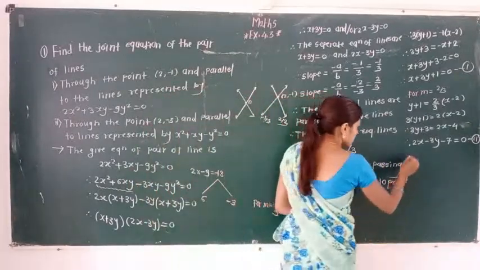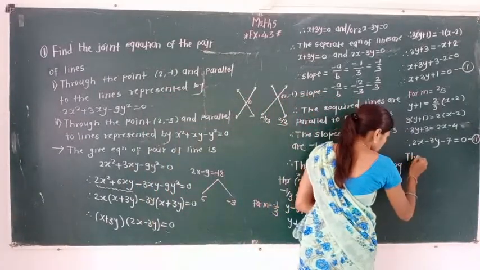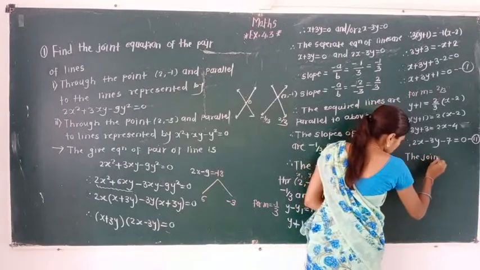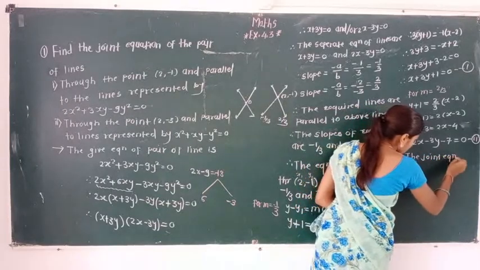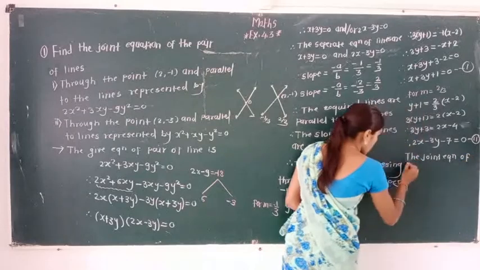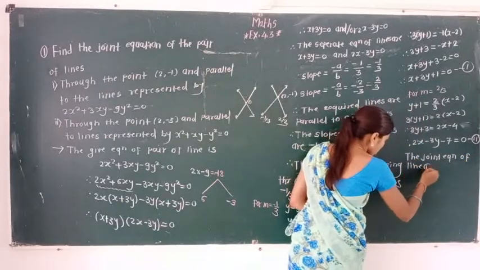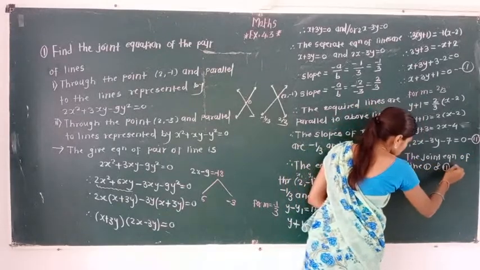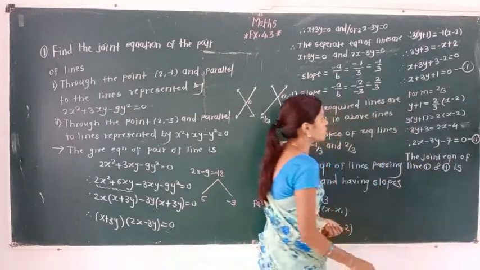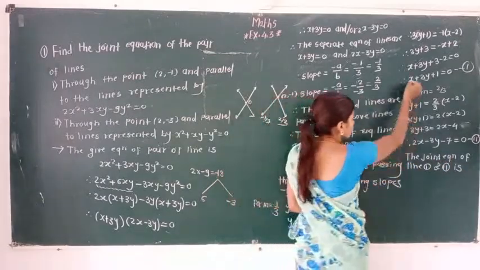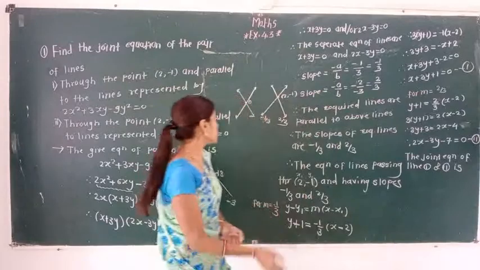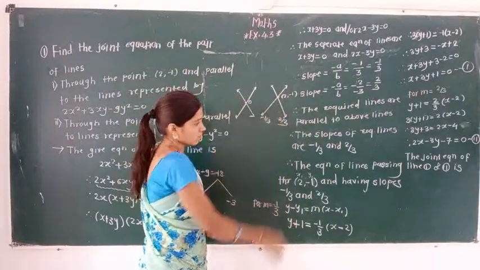Now to find the joint equation of lines 1 and 2, we take the product of these two equations, and we get the combined equation of the required lines.